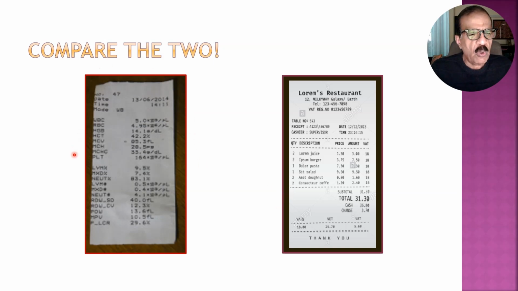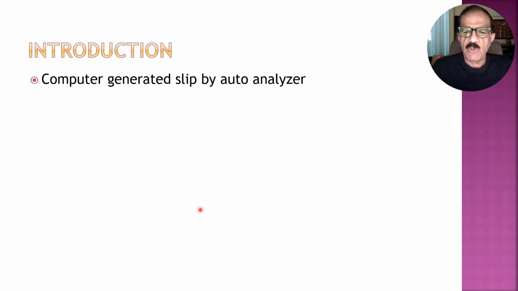So don't go by the looks. It has very useful information backed with history and physical examination. If you examine this perchi very carefully, I think in the majority of cases you would know the cause of anemia. So, some introductory slides.